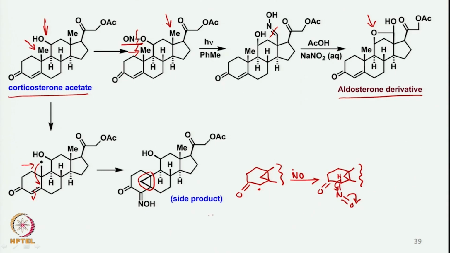I can show in this fashion that this is how it is going to form. So this appears to be a side product, but it is an interesting side product because such a reaction is possible if the other radical is formed.